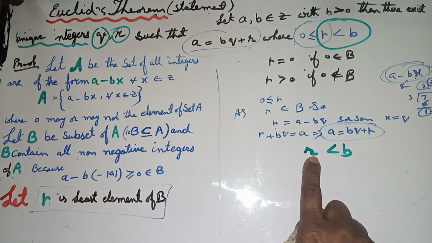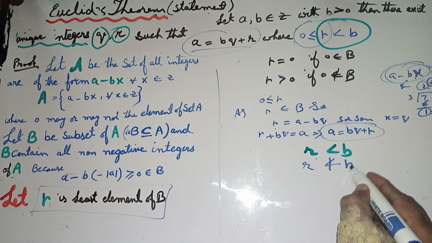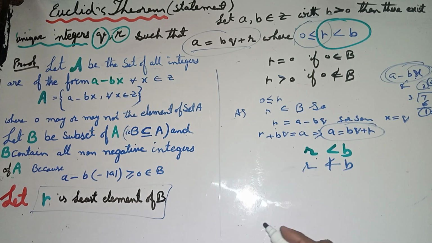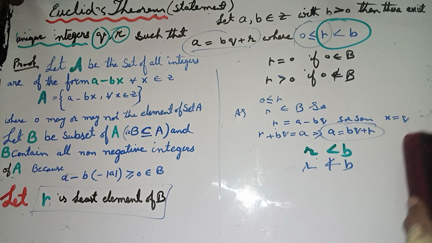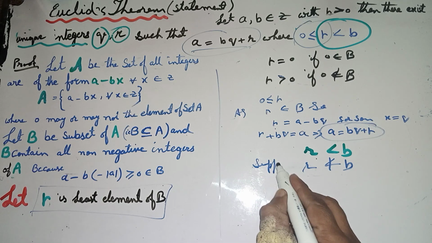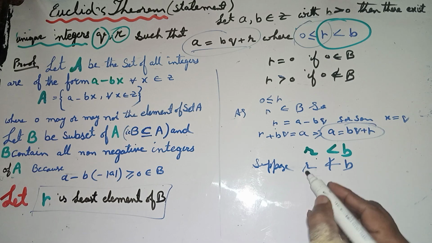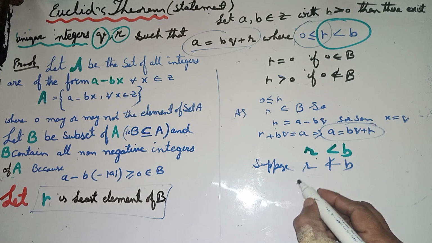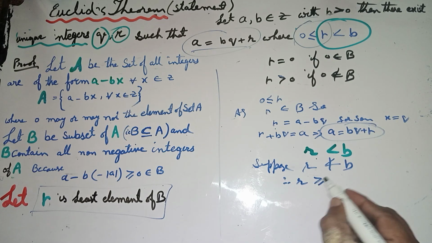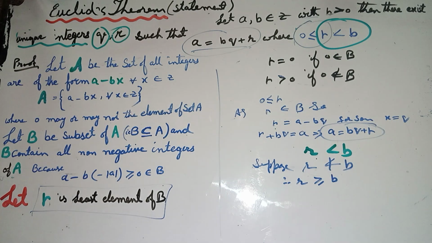Two cases: r is less than b, or r is not less than b. Now we study r is not less than b. We suppose r is not less than b. Therefore r is greater or equal to b. If not less, then greater or equal to.